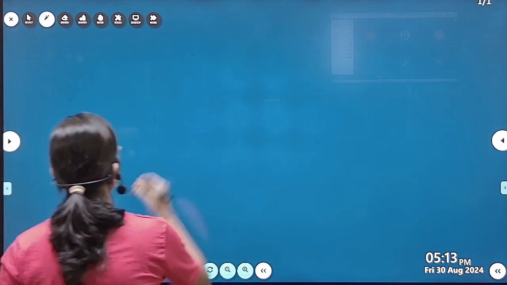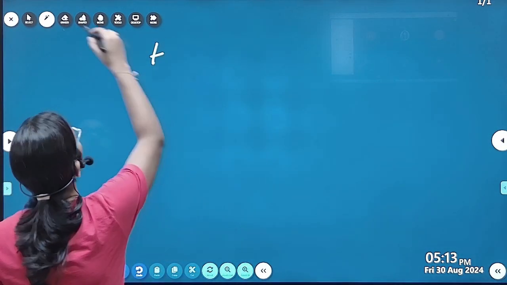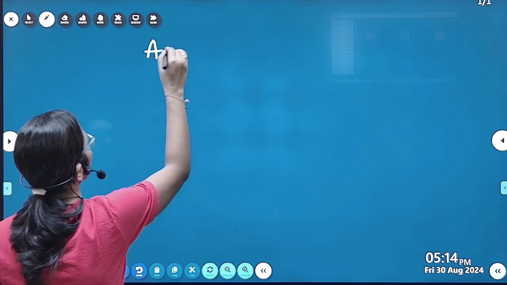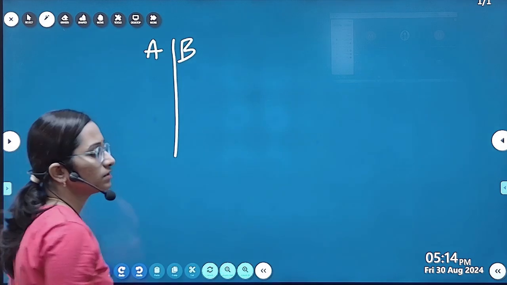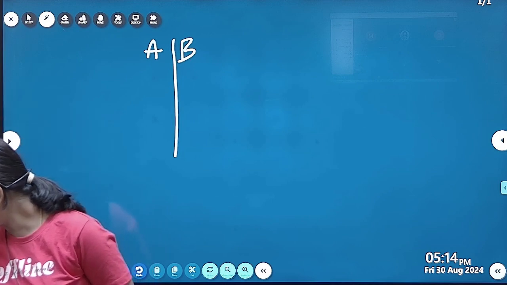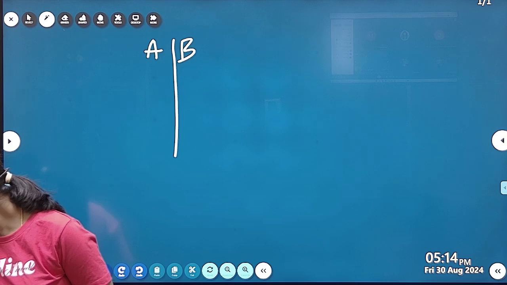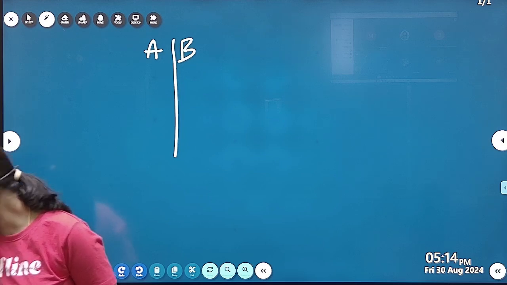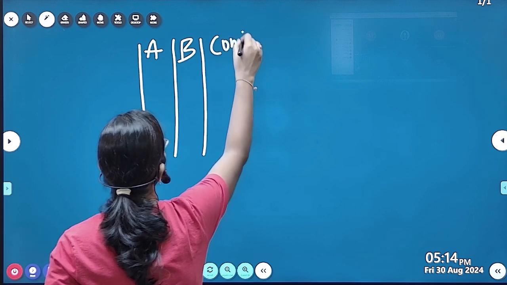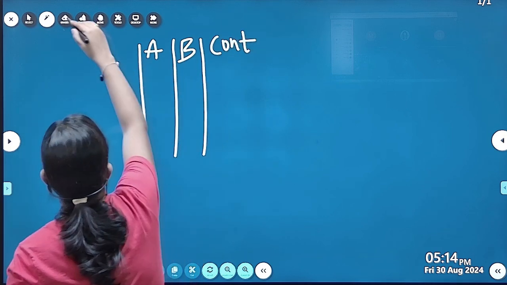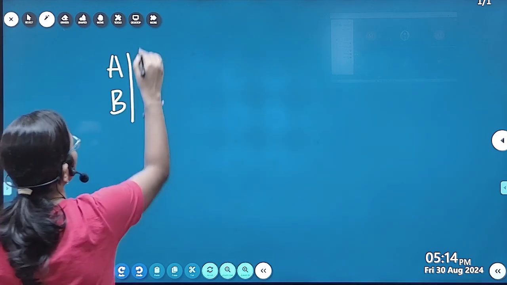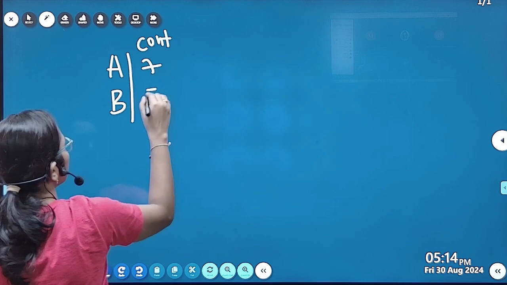So what are the products? Product A, product B. What is the contribution? 7 for A and 5 for B. We'll write like this now: contribution is 7 and 5.